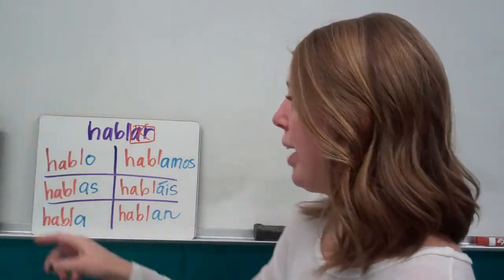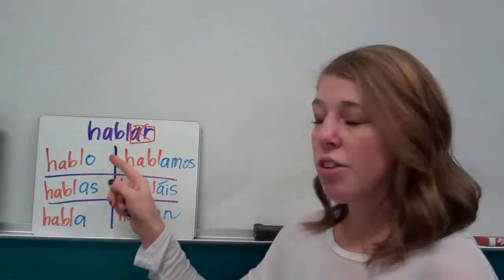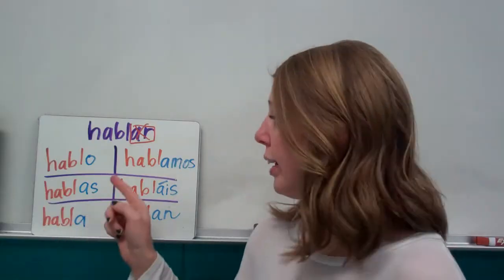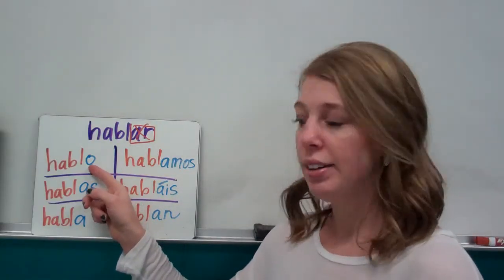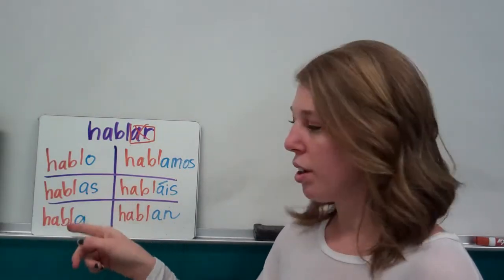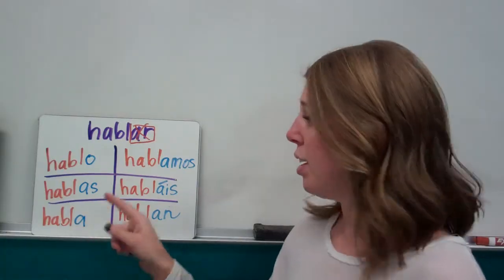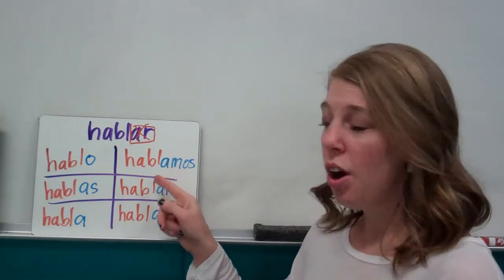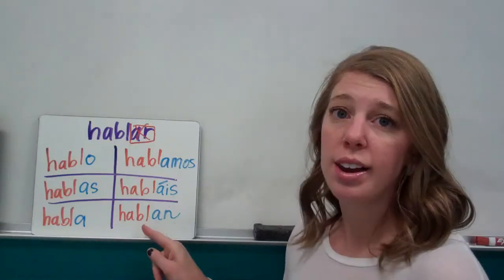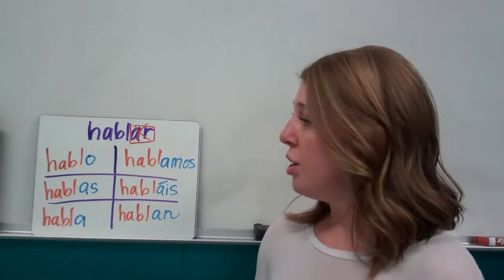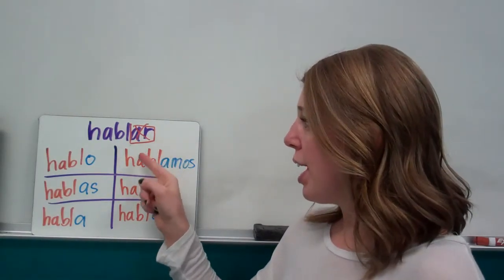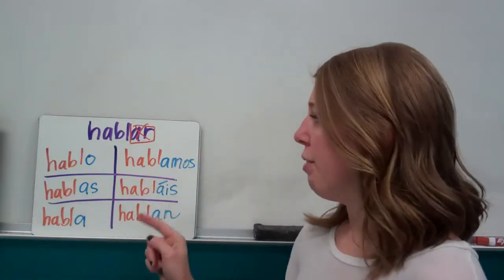So that's what we've gone back and done. This is an AR verb, so we've done all of the AR endings. So we have hablo, I talk, hablas, you talk, habla, he or she talks, hablamos, we talk, habláis, y'all talk, and hablan, they talk. So all we did was take off the AR and then put our AR endings in every single blank.